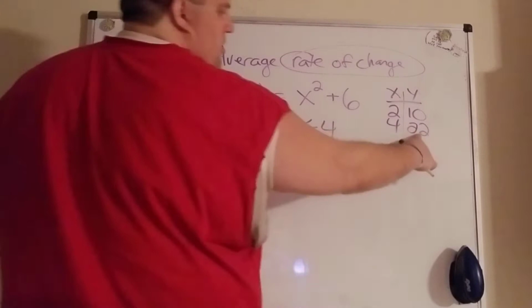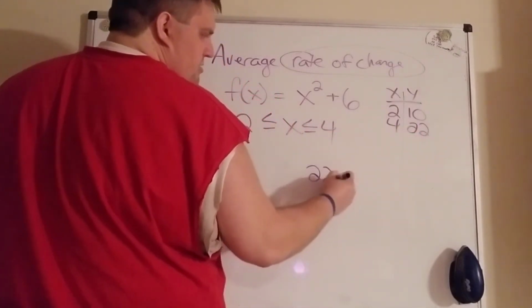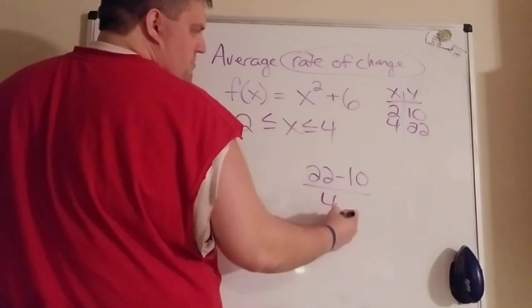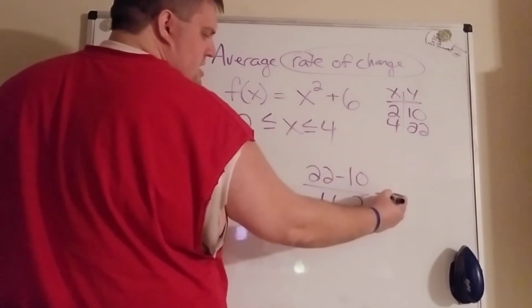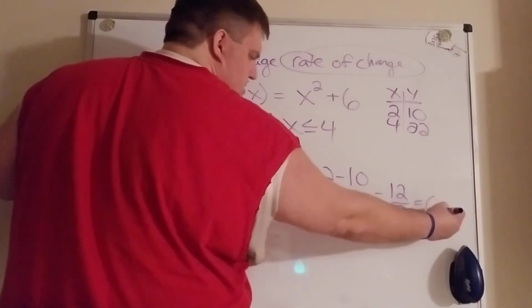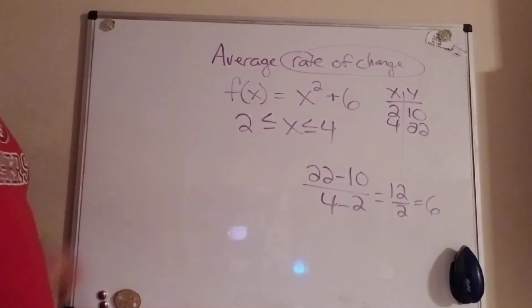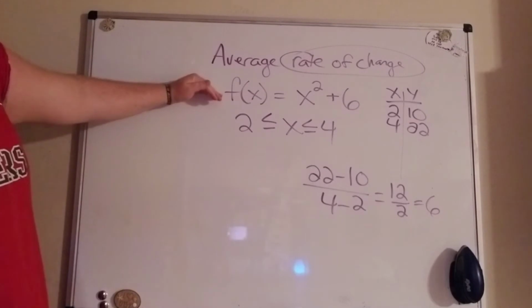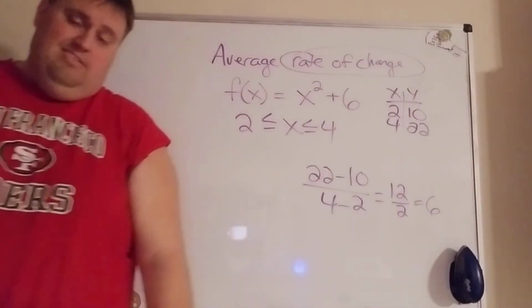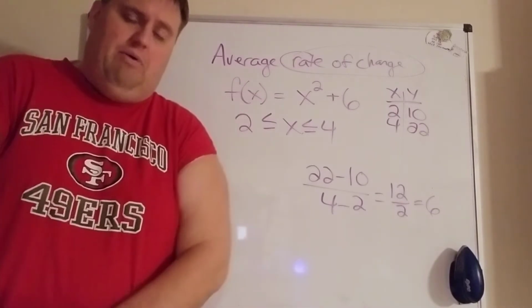So I'm going to go y2 minus y1 over x2 minus x1. And that, in this case, is going to give me 12 over 2, or 6. So the average rate of change for this function between 2 and 4 is going to be 6, or 6 over 1 if you want to think of it that way.